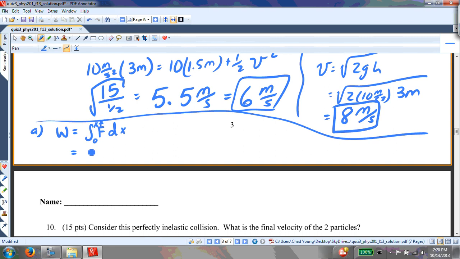I'll tell you what that is in just a second. F is equal to negative 2x. And the integral of that is x squared over 2, times negative 2. So it's negative x squared. And I'm going from x equals 0 to x final. So that is going to be negative x final squared. All right, so that's going to be the work that's done by this force that's acting.